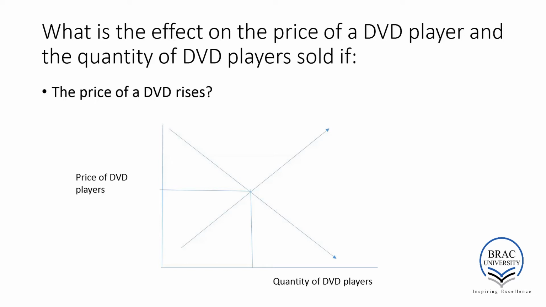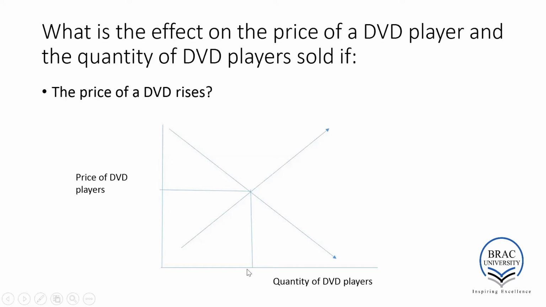And we get the initial equilibrium point at the intersection of the demand and supply curve. If we draw a line from the equilibrium point to the price axis, we get the equilibrium price. And if we draw another line from the equilibrium point to the quantity axis, we get the equilibrium quantity. So now we have the initial demand, initial supply curve, and initial equilibrium price and initial equilibrium quantity.